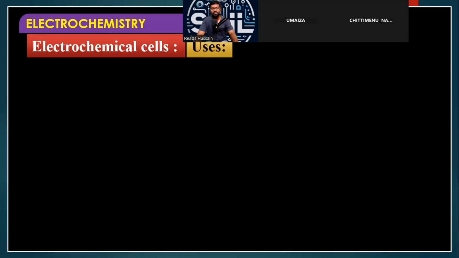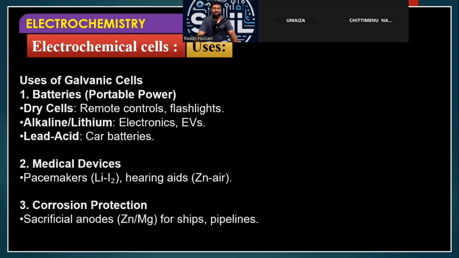Now, what are the uses of electrochemical cells? Electrochemical cells have many applications, like batteries, portable power, dry cells, alkaline batteries, electronics and electric vehicles, lead storage batteries like car batteries. In our homes, we have inverters, for when power shuts off suddenly.